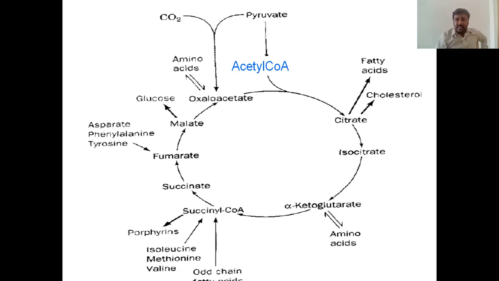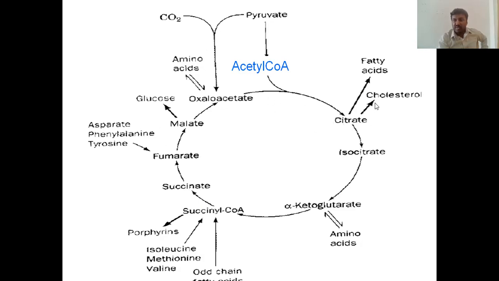The significance is how the citric acid cycle helps in biological systems, how other metabolites and biosynthesis products are formed. See, from acetyl coenzyme A, first we get citrate.